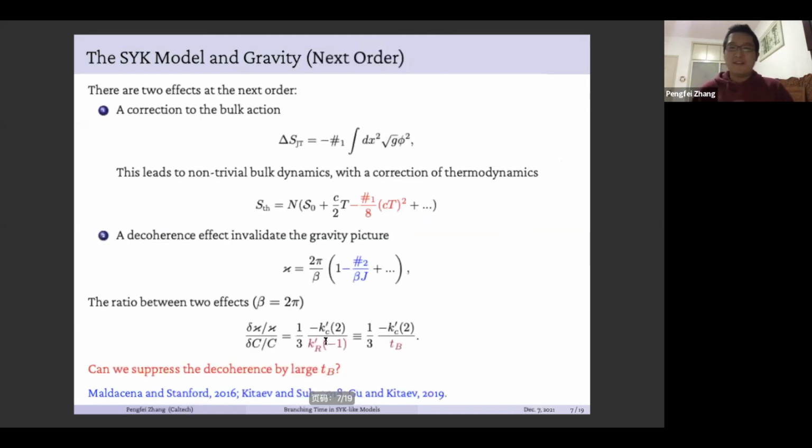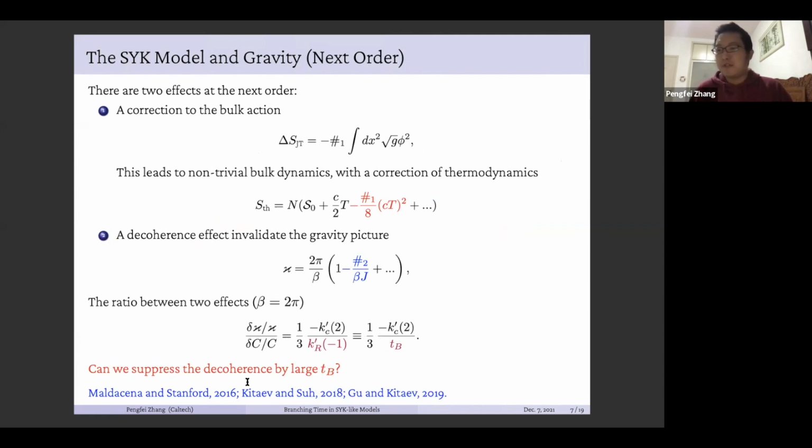So then it's very natural to ask what happens at the next order. In previous works, it is known that at the next order of the 1 over beta J expansion, there are basically two effects. One effect is a correction of the bulk local action.